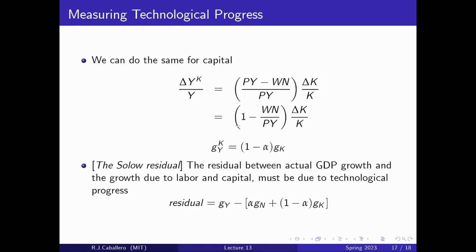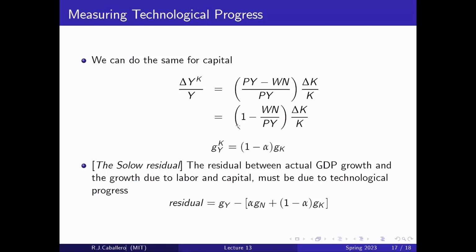So it's total revenue minus the wage bill, divided by total revenue, times the rate of growth of capital. So the contribution to output growth of the rate of growth of capital is 1 minus alpha, which is the share of capital, times the rate of growth of capital.